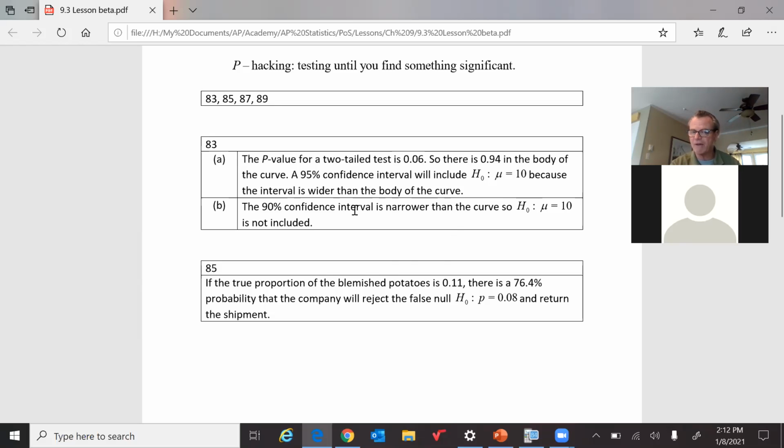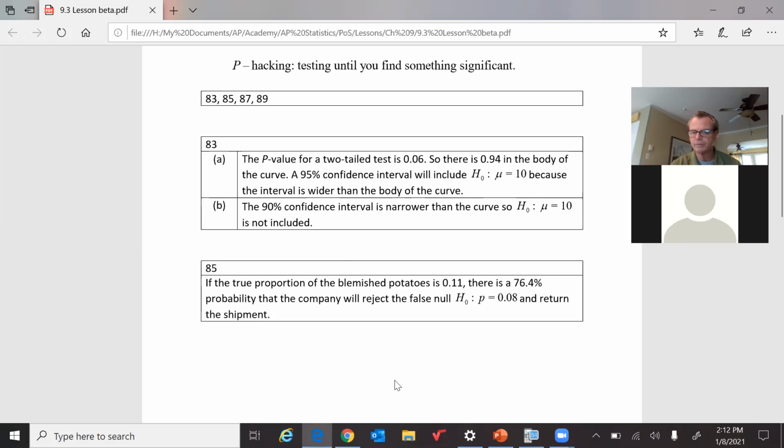But a 90% confidence interval goes with a 10% alpha level. And that threshold gets crossed because 6% is higher than an alpha level of 5%, but it's lower than an alpha level of 10%. So it's in the body for a 95% confidence interval, and it's outside the 90% confidence interval, or it's in the tail when there's 5% in each tail. Okay.